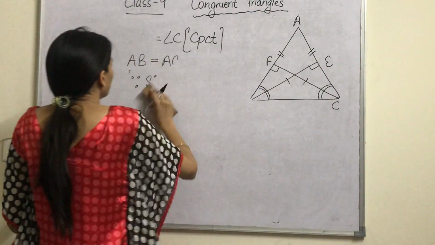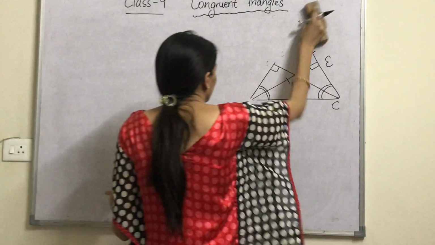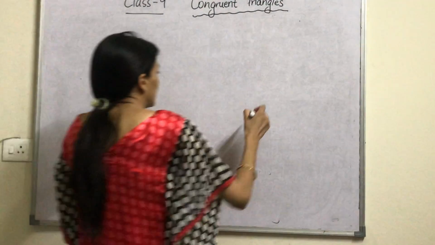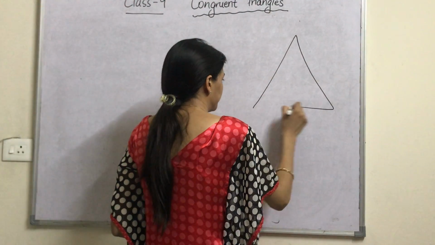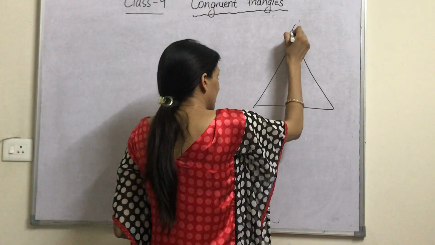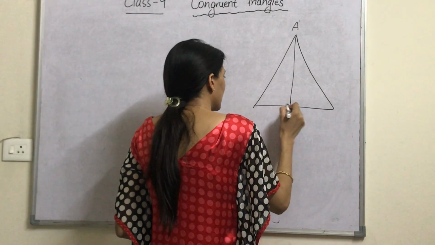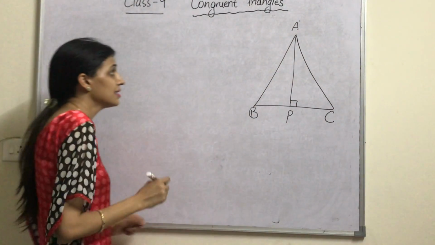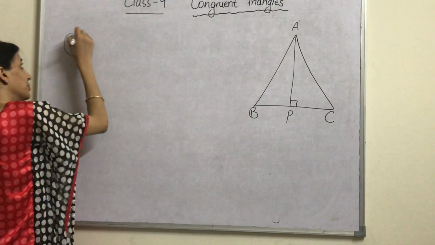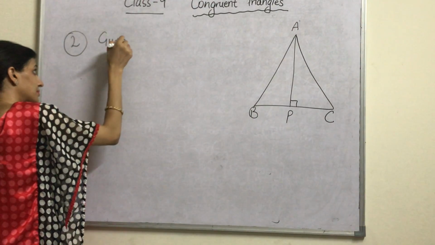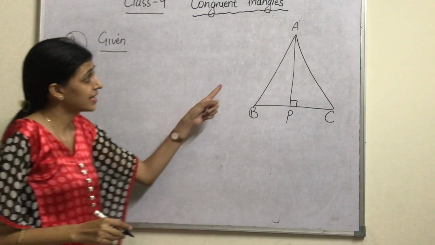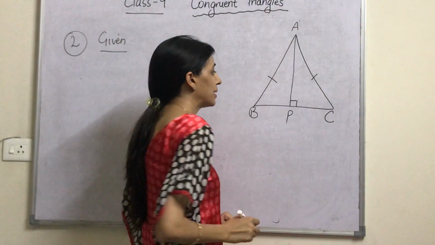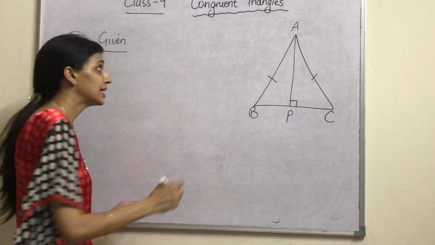In question number 2, a figure is given to you like this: A, P, B, C, and this is an altitude. In this figure it is given AB is equal to AC. That means triangle ABC is an isosceles triangle.